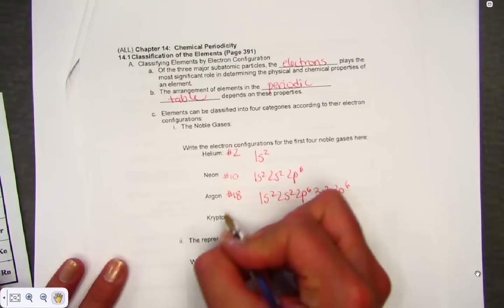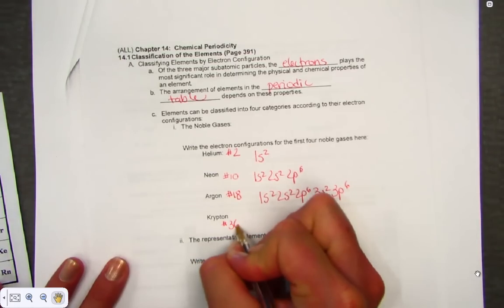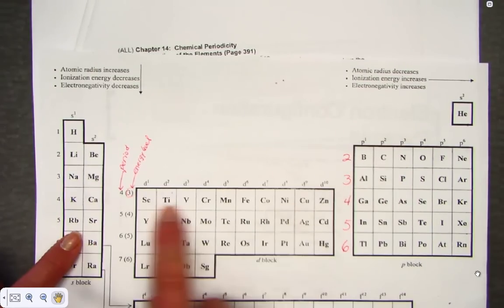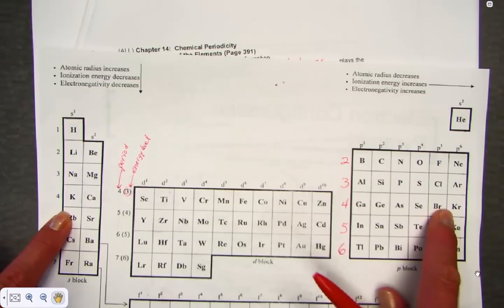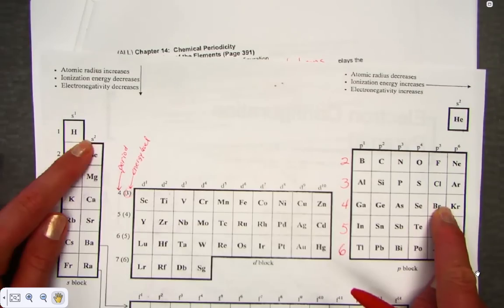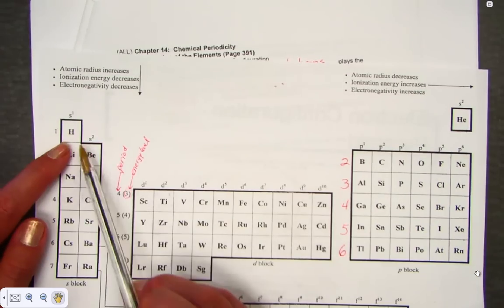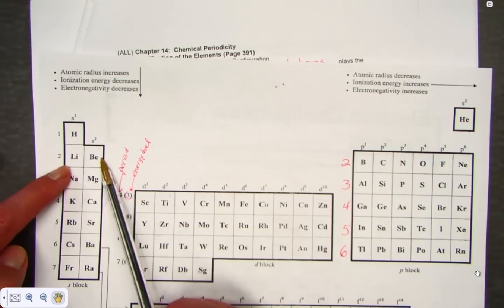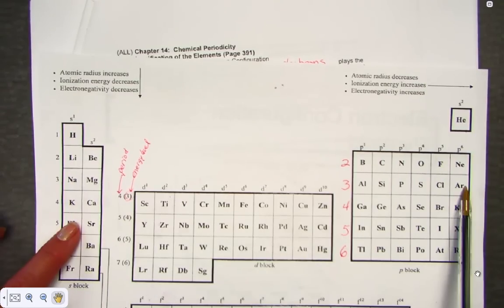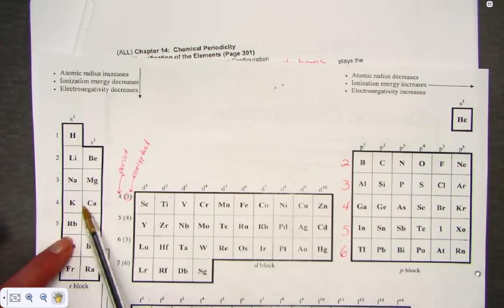Follow one more for krypton, number 36. Krypton lives at the end of the fourth period. The last thing we'll write is 4p6. Read the periodic table as you would a book from left to right. 1s2, 2s2, 2p6, 3s2, 3p6, 4s2.